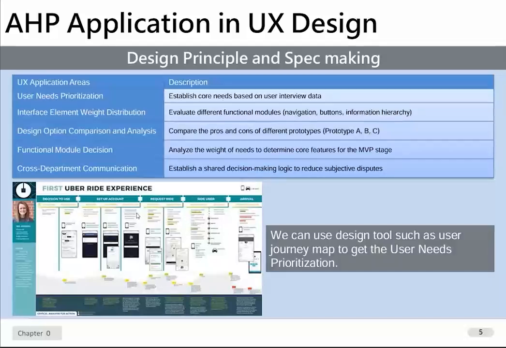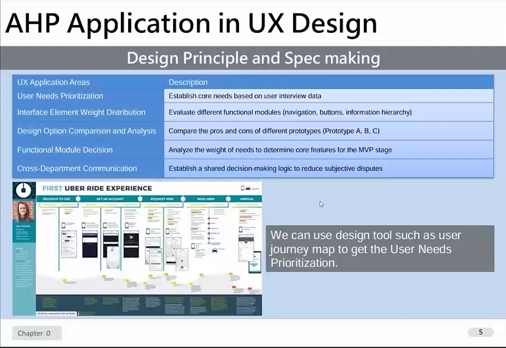Okay, so here is the interview data, and then evaluate different functional modules like navigation, buttons, information hierarchy, etc. Then we can start to do the AHP questionnaire, compare the pros and cons of the different prototype. Finally, analyze the weight of the needs to determine core features for the MVP stage. Finally establish a shared decision-making logic to reduce subjective disputes.